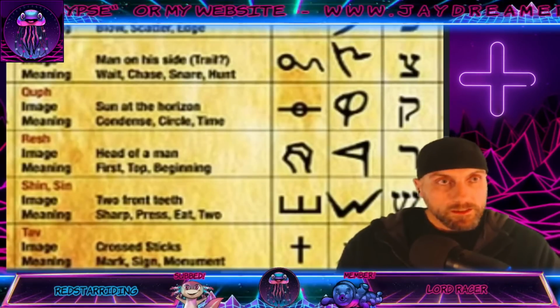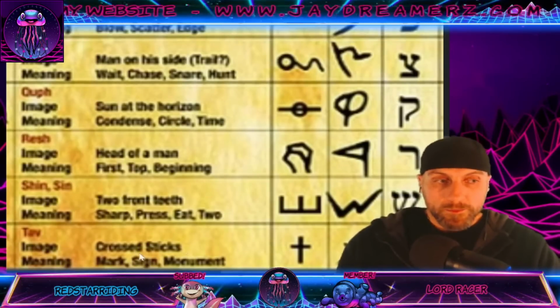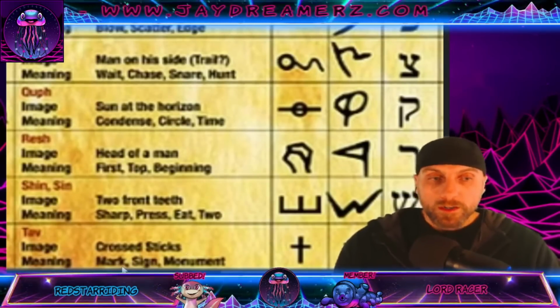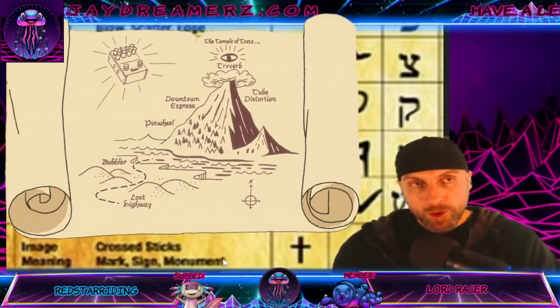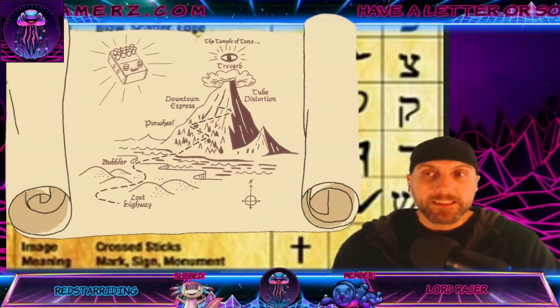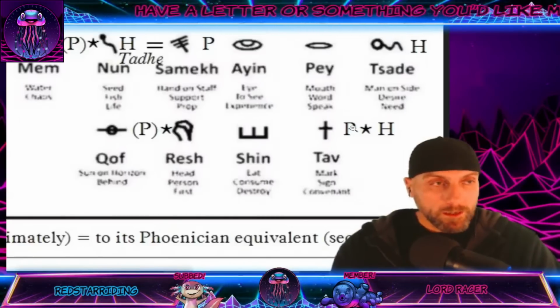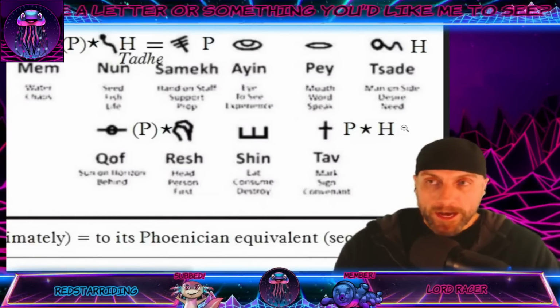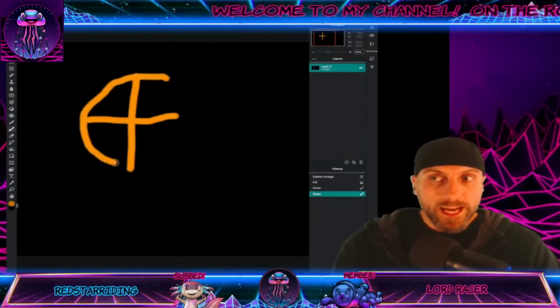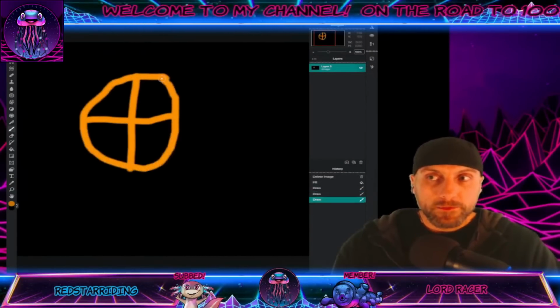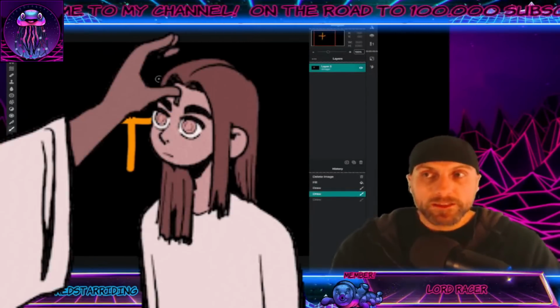So you can see it says crossed sticks, like a crucifix, a mark, a sign, a monument, something that represents anything, basically, a marker. If we go over here, it's the same in Phoenician and Hieratic. If it was the tet, it would be like that, right? But without that circle, it means a marker.